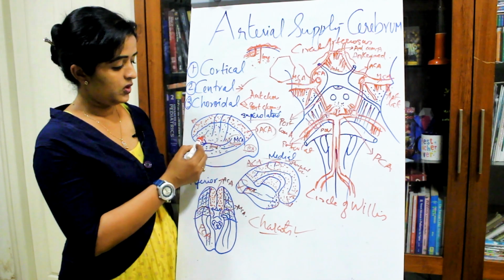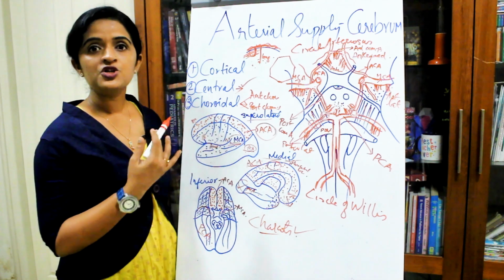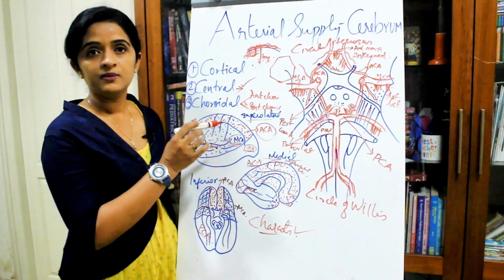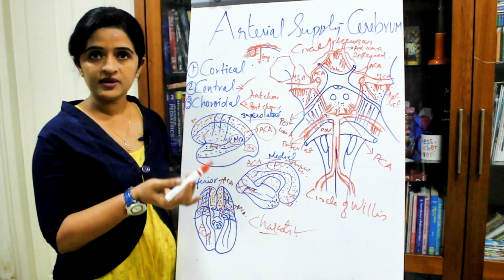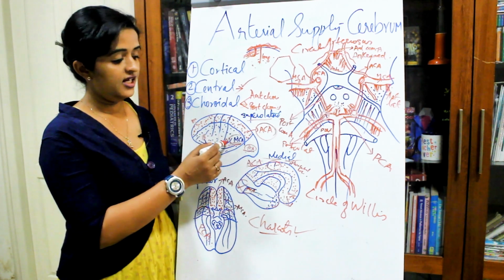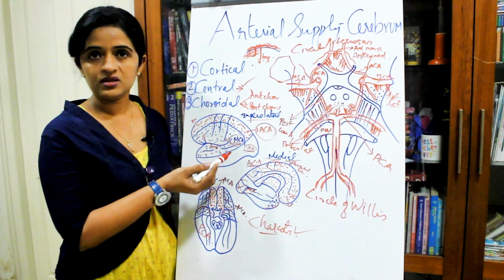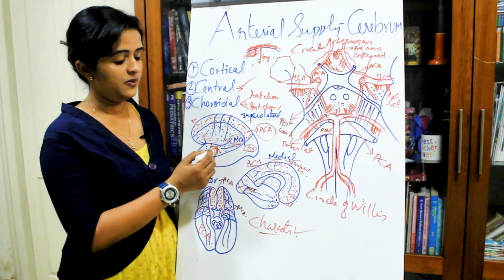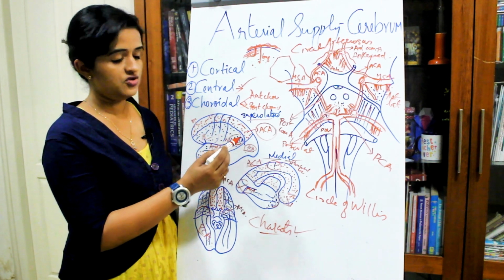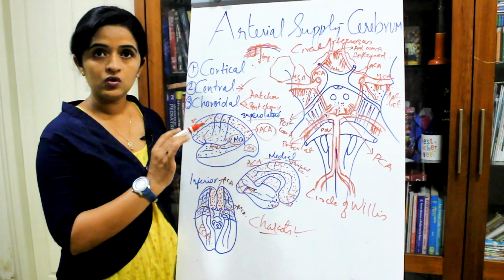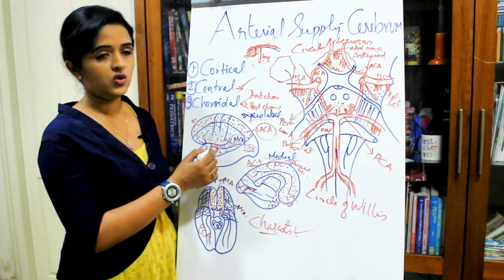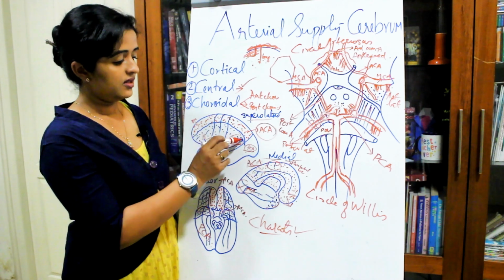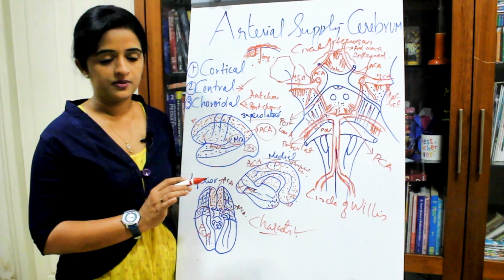Apart from that, the patient will also be having speech disorders if the dominant hemisphere is affected, because you will get the motor and sensory speech areas in that hemisphere. So speech also will be affected, and there will be auditory hearing loss, though it won't be prominent, still the patient will have some sort of hearing loss.